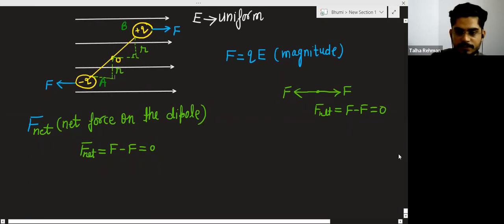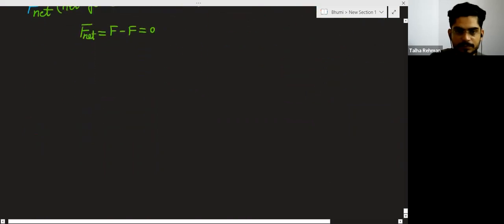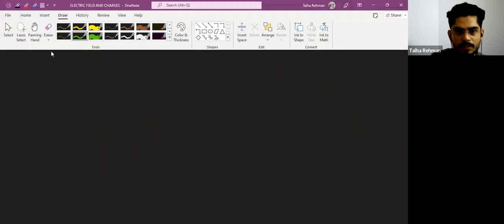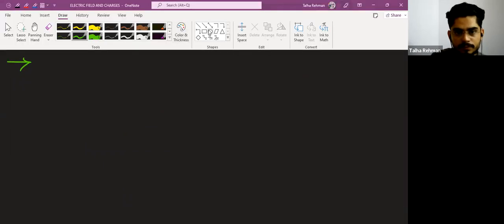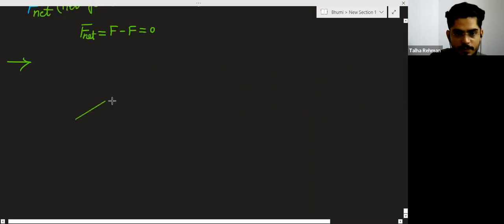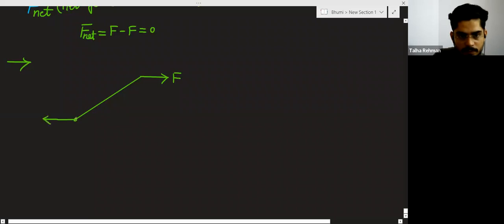And we know that this is a very important point, please. If two forces are acting like this, and this is a center, then due to these two forces, this system will rotate.